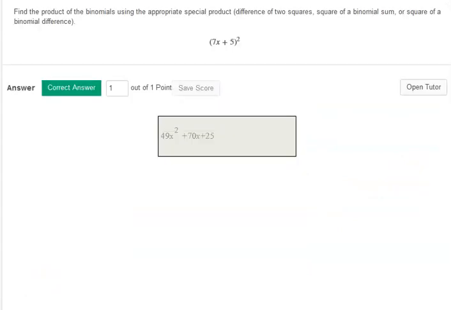Now here they're asking us to square a binomial. Now there is a special way, or you could have written it again and just FOILed it. We'll use the special way. Square this term. That's 49x squared. Multiply these 2 terms together.